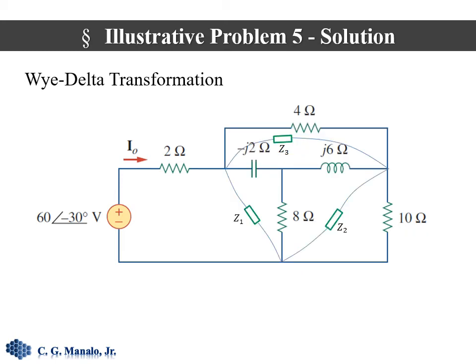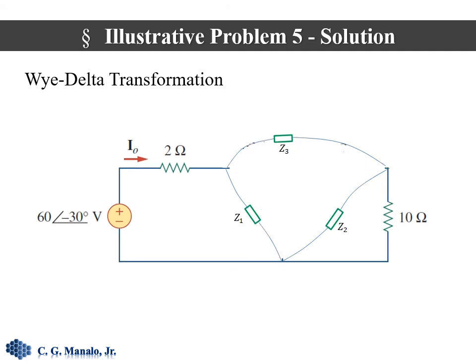Or we could treat this part of the circuit as a Y combination. Therefore we could replace that by a delta represented by Z sub 1, Z sub 2, and Z sub 3. Once we got those values, we can replace the Y network, and that should be the resulting network.